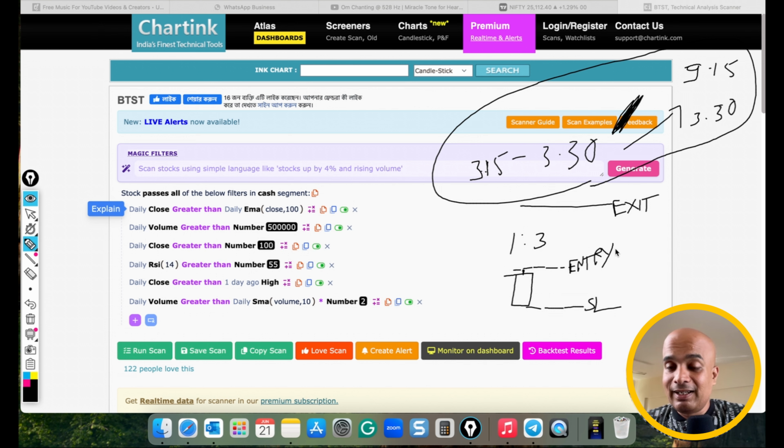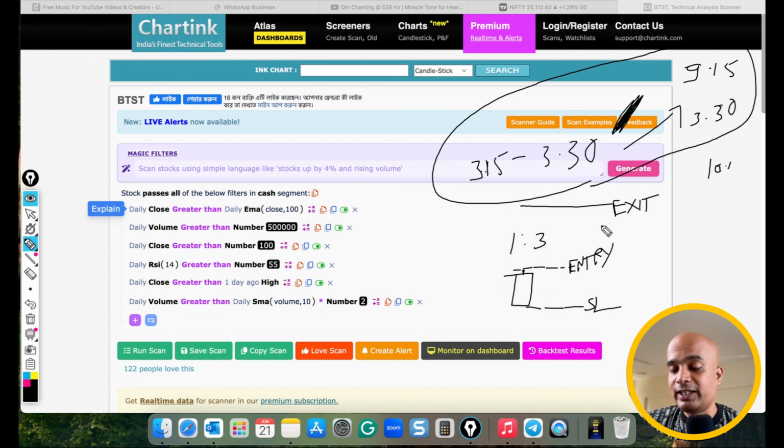Now, let's say you're taking a trade in equity. There is no doubt about it. It's a proper thing. You can invest a maximum of 10% of your capital per trade, as I said earlier. Now, if you're taking a trade in option selling, you should know the hedging concept, right?